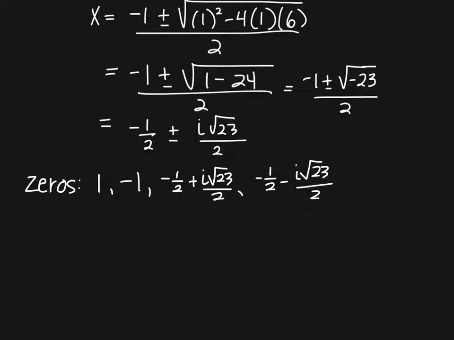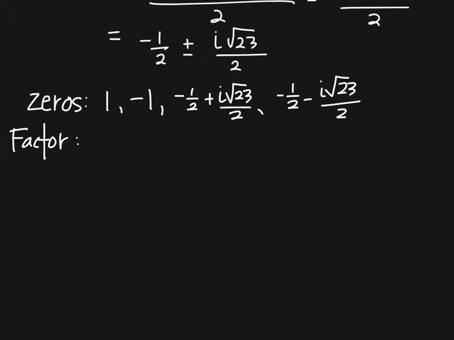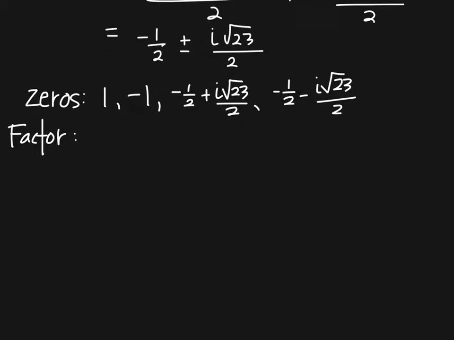Each zero will be put into a factor. Okay, so what will the first factor be? And then we'll finally get to answer Luke's question. So that's putting it into 2x plus 1. Well, not yet, but yes, I'm going to put it into parentheses form. So my first one, x minus 1. Okay, my second one, x plus 1.